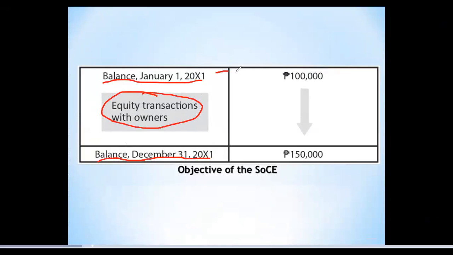So let's say, for example, the beginning balance on January 1 is 100,000. The ending balance of the equity is 150,000. So we have equity transactions with owners of 50,000 pesos. Okay, so let's proceed to the next slide.